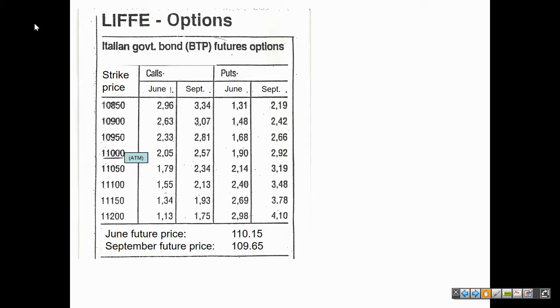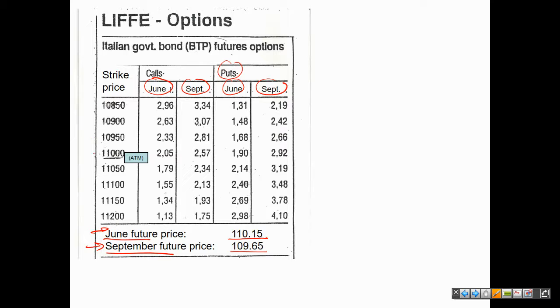And essentially, here in these two lines, you have the two prices of the June future and the September future, respectively 110.15 and 109.65. And in columns, you have the prices for call options on the June or September future, put options on the June or September future.